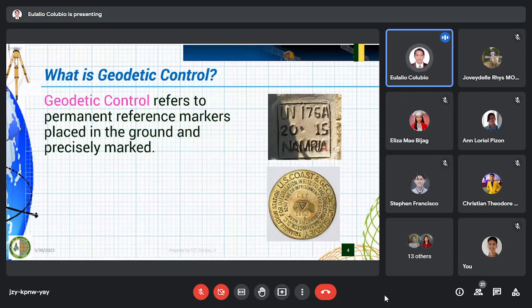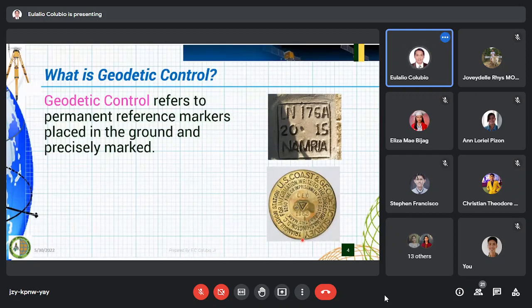And then we also have this type of monument. This is an old monument established by the USGS, the US Coast and Geodetic Survey, in the year 1911, during the occupation of the United States.